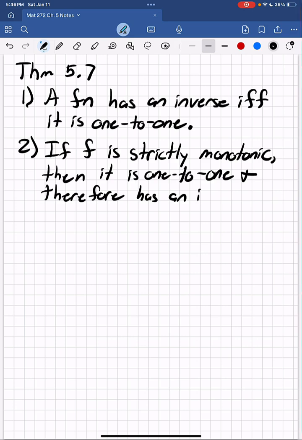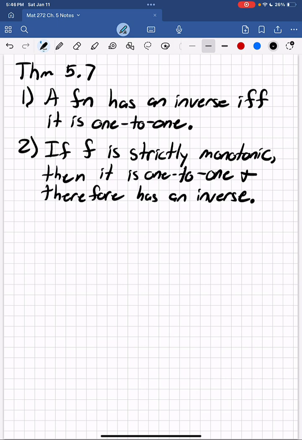So that's just two easy ways to know if a function has an inverse, before you even want to test to see if you can find an inverse for it.